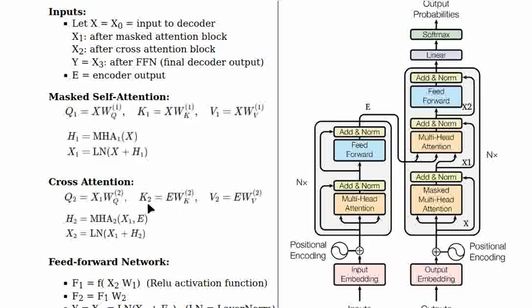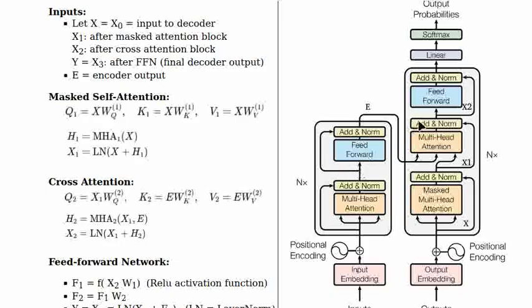K2 and V2 are from E. So after the math, the softmax, and matrix multiplication with these inputs X1 and E, we get H2. The output here is H2, and then we add it to the residual X1 and apply layer norm, so we get output X2 here.